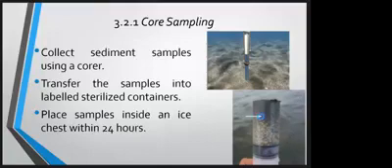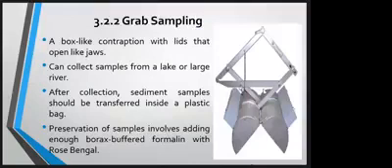Another is the grab sampling, which is like a clip, a box-like contraption with lids that open like jaws. It can collect samples from a lake or a large river, and after collection, sediment samples should be transferred inside a plastic bag. Then preservation of samples involves adding enough borax buffered formalin with rose bengal.